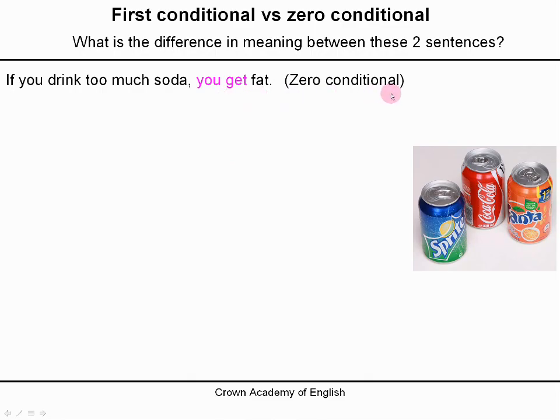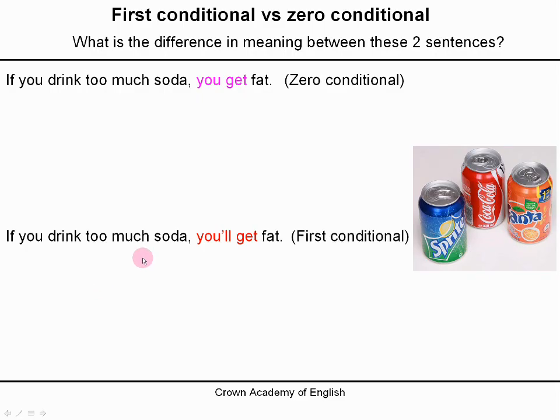So this is the zero conditional. And this is the second sentence. If you drink too much soda, you'll get fat. And this is the first conditional. This is what we have seen in today's lesson. The future simple. You'll get fat.